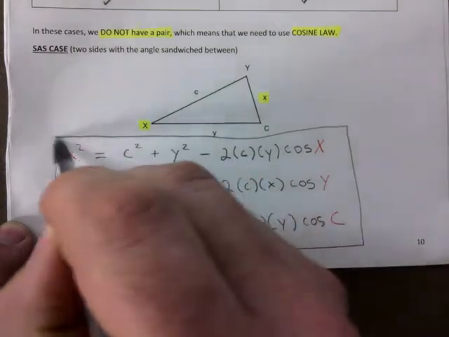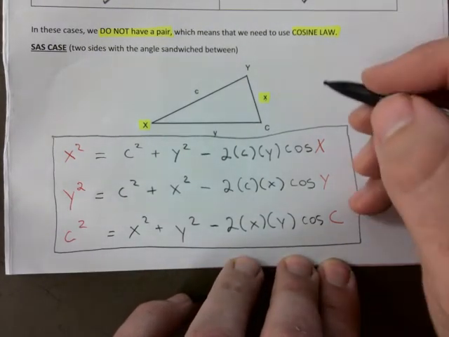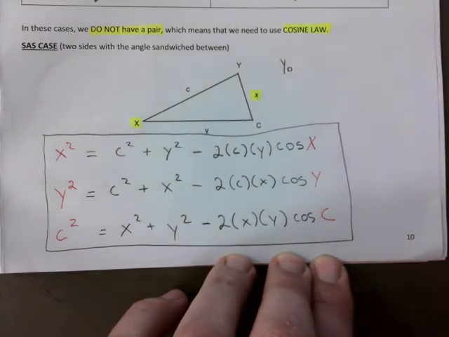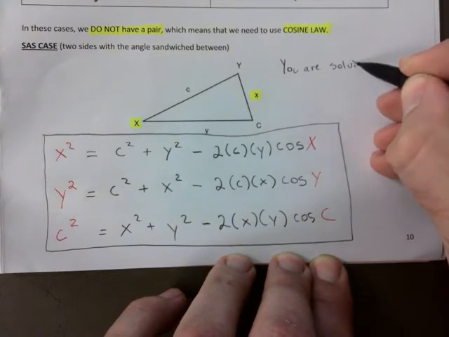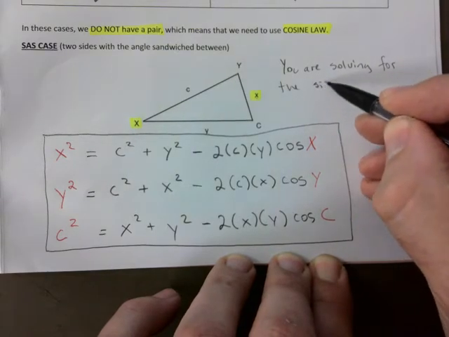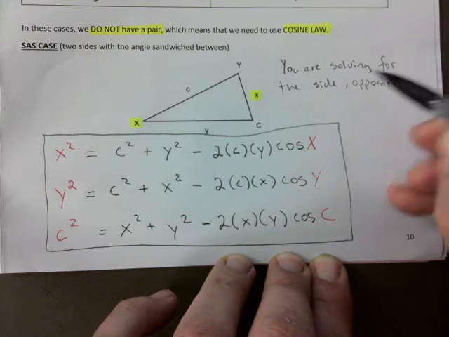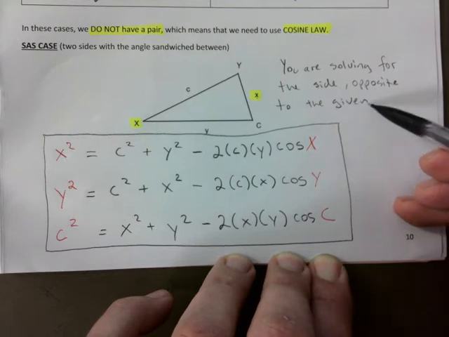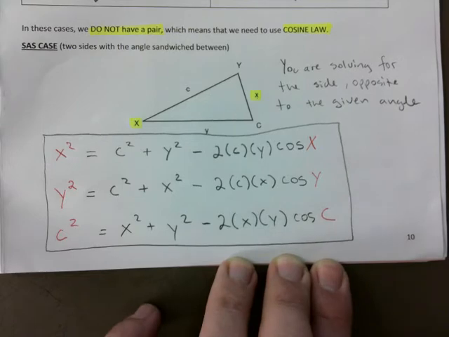One, I think, would do just fine. I will make a note here: you are solving for the side opposite to the given angle. That's basically what you're doing when you're using that formula.